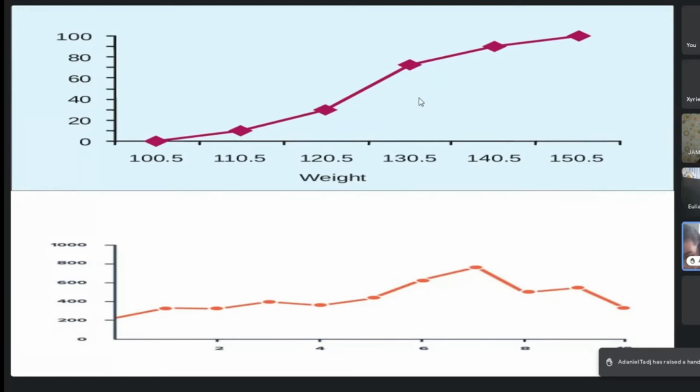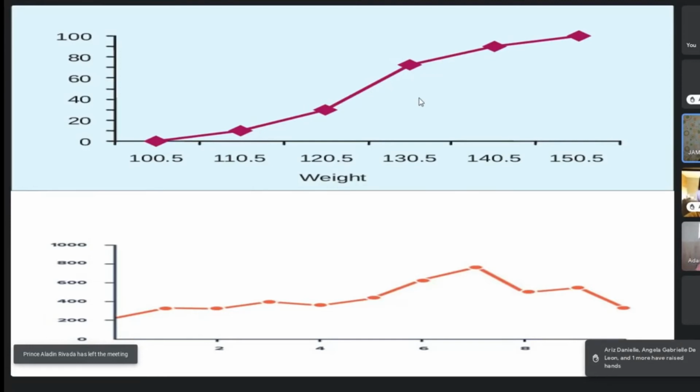Ma'am, yung isa po hanggang 100 lang, yung isa po hanggang 1,000. Okay. Nice observation. But how about the direction of the line? Thank you, Daniel. Anyone? How about the direction of the line? Let's have Angela. Ma'am, parang pataas po ng pataas yung isa, tapos yung isa po parang pataas na pababa po.